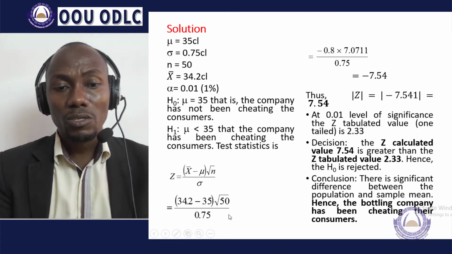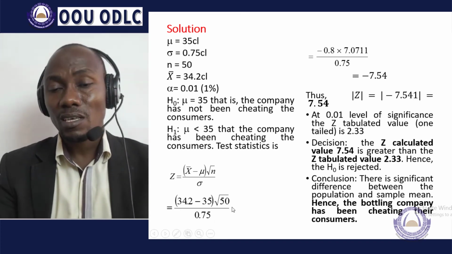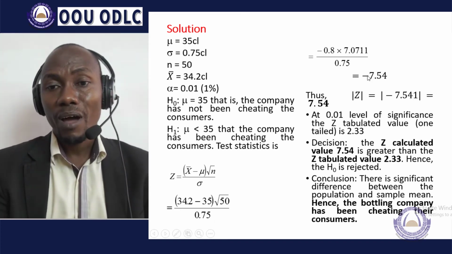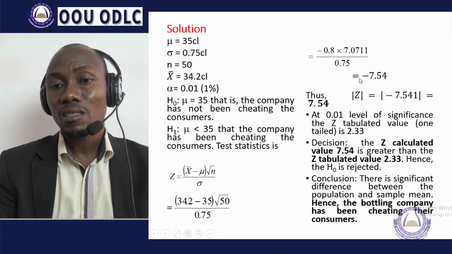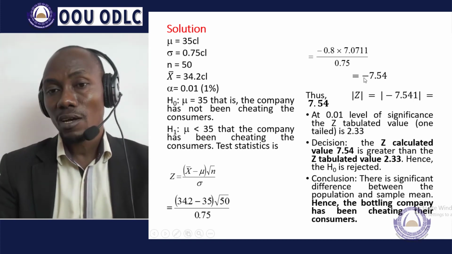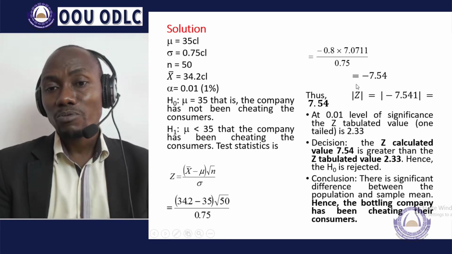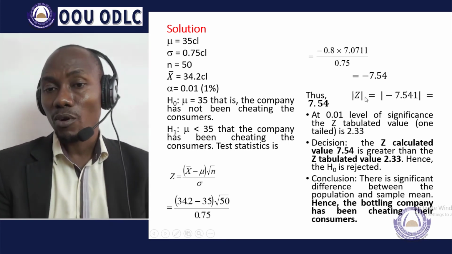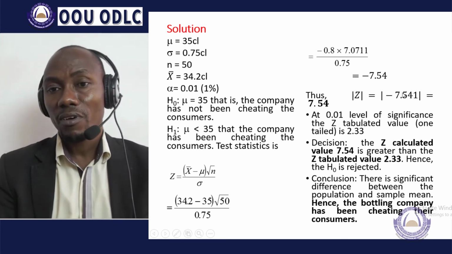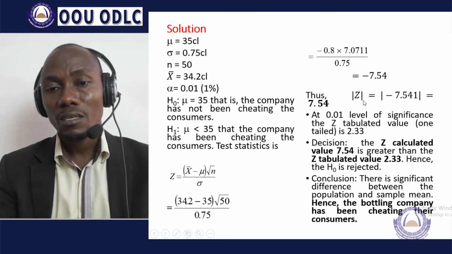So we substitute those necessary parameters into it, and by further simplification, you obtain the value of calculated z to be minus 7.54, and the absolute value of the calculated z to be 7.541.